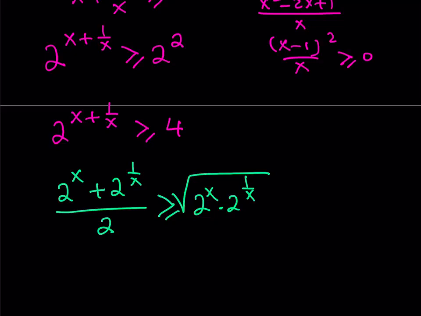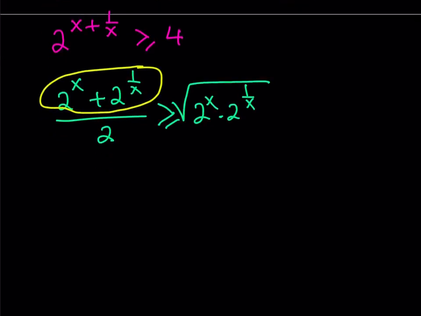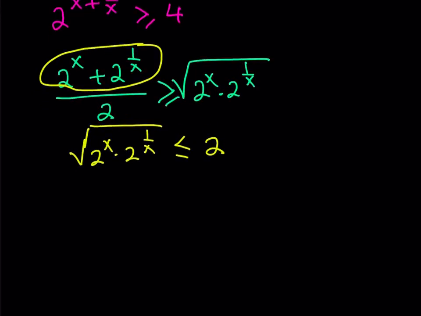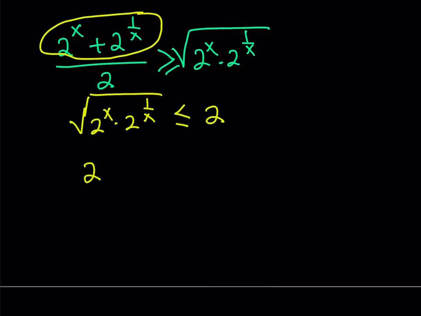But notice that we have 2 to the power x plus 2 to the power 1 over x here, which happens to be 4. 4 divided by 2 is equal to 2. So we basically have 2 on the left-hand side. Let's flip sides. This gives us the square root of 2 to the power x times 2 to the power 1 over x is less than or equal to 2. If you square both sides and add the exponents, you'll get 2 to the power x plus 1 over x is less than or equal to 4.